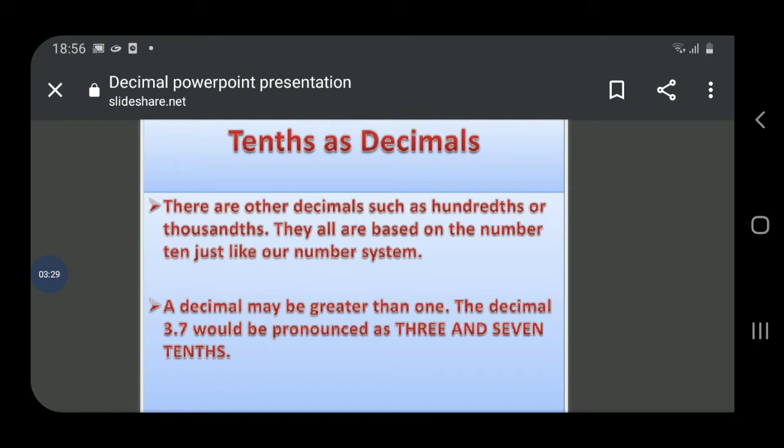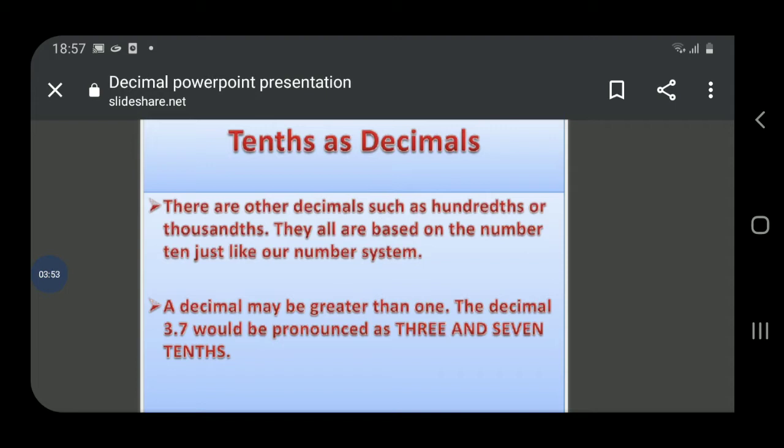They are decimals such as hundreds or thousands. They are all based on the number 10, just like our number system. There are other decimals such as hundreds, thousands and tens. They don't have any ones.